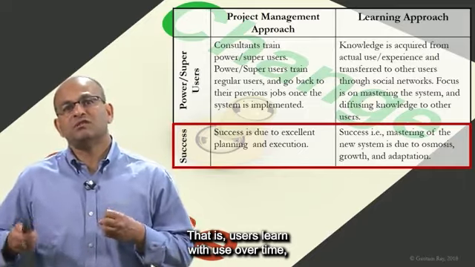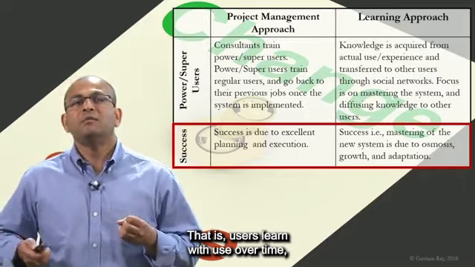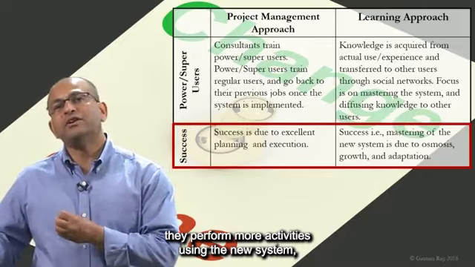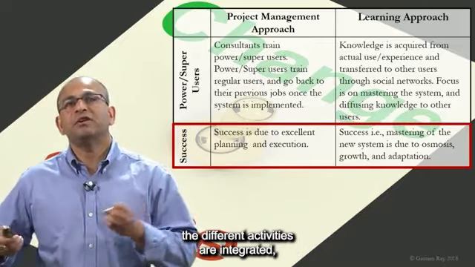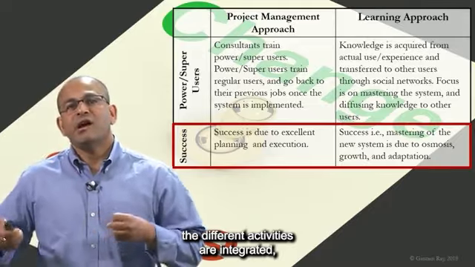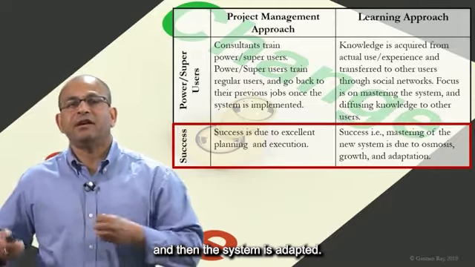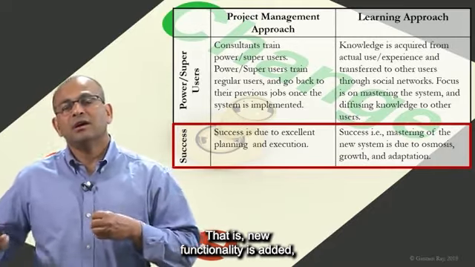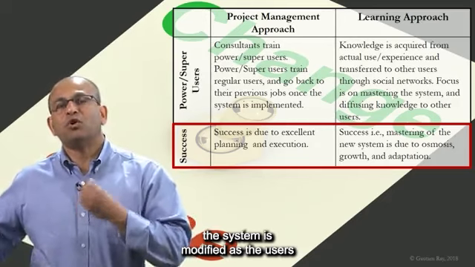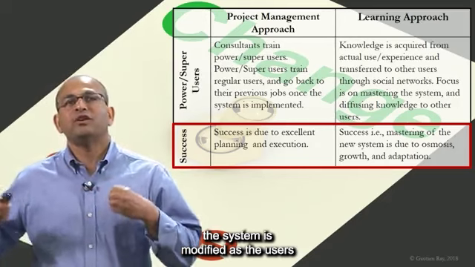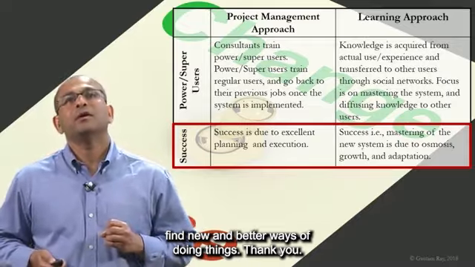That is, users learn with use. Over time, they perform more activities using the new system. The different activities are integrated, and then the system is adapted. That is, new functionality is added, the system is modified as the users find new and better ways of doing things. Thank you.